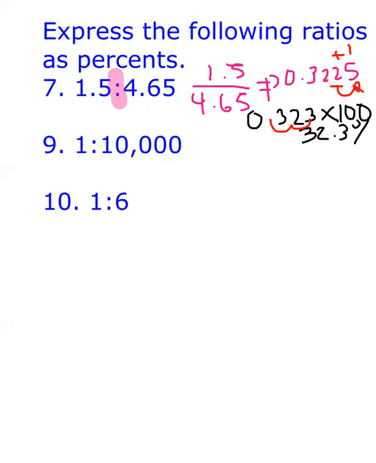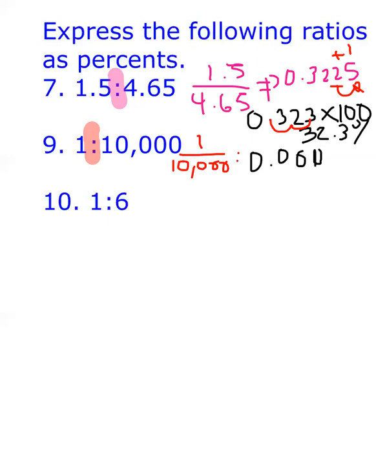So number 9, same thing. We're gonna go ahead and convert our ratio into a fraction first. So 1 divided by 10,000, that gives us 0.0001. Sorry, I'm missing a 0. 1, 2, 3.